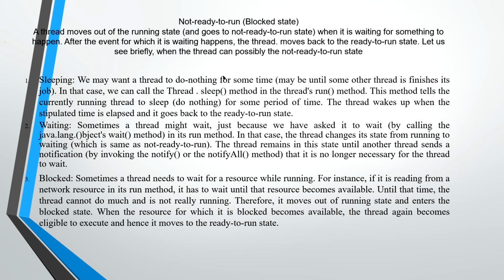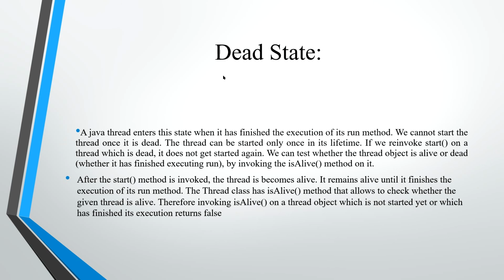Therefore, it moves out of the running state and enters the blocked state. When the resource for which it is blocked becomes available, the thread again becomes eligible to execute and hence it moves to the ready to run state. So we got to know what is the not ready to run, that is blocked state.